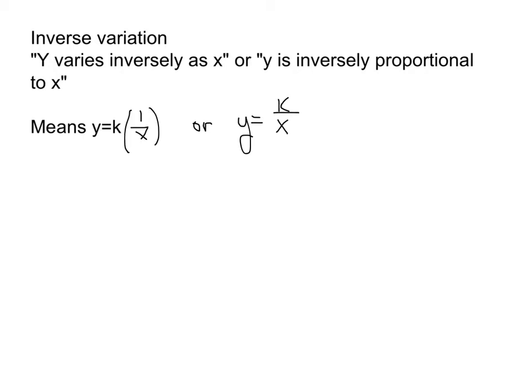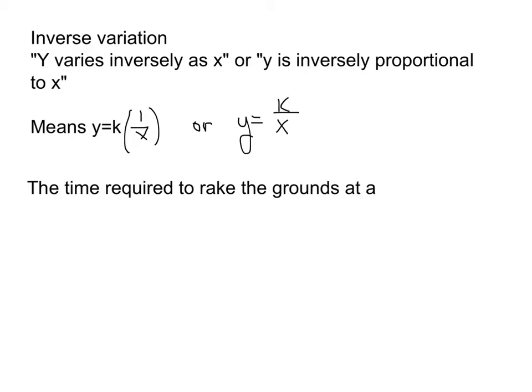So we're going to look at an example here as well. And the example is as follows. The time required to rake the grounds at a manor varies inversely with the number of rakers.